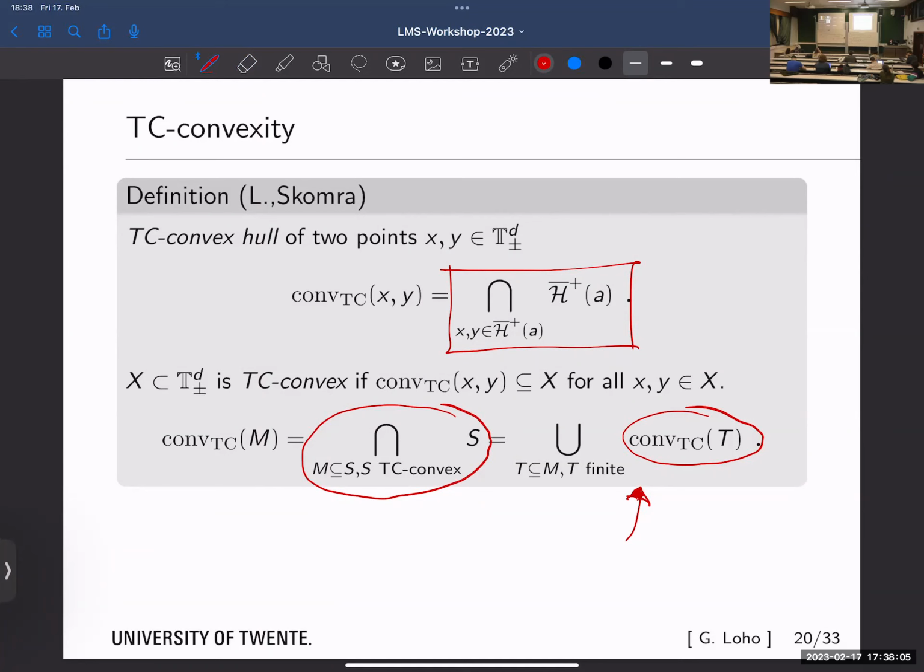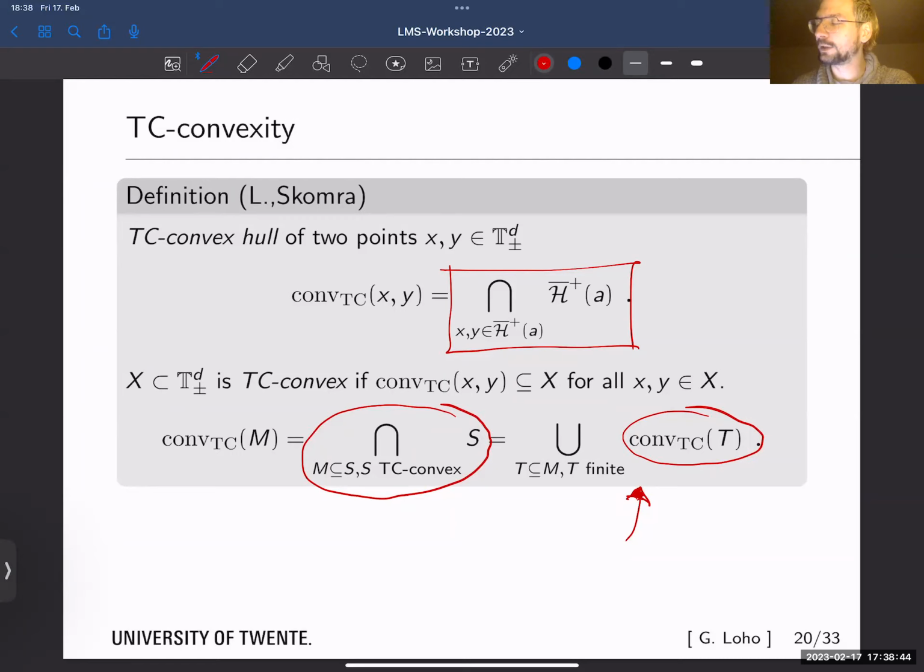So what is known about separation in these versions of convexity? We have various versions of separation. We started with separation by TC hemispaces. Separation with TC hemispaces works well for all TC convex sets, and for finitely generated ones, so kind of TC convex polytopes, we can also separate by closed half spaces, not only by TC hemispaces.